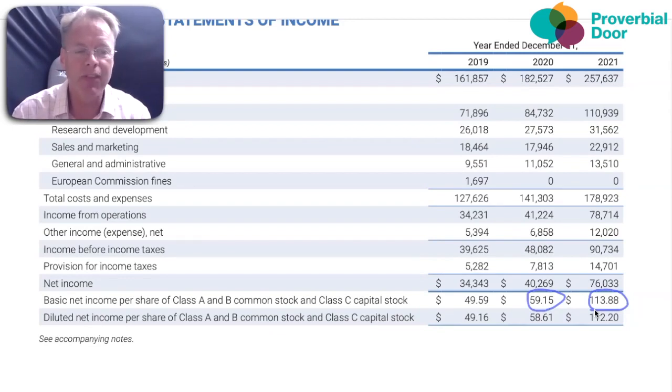So the increase in the earnings per share is partly driven by the increase in profitability, but it's also driven by a reduction in the number of shares. And what they're going to try and do is carry on with that so that you are earning an increasingly large amount per share effectively.